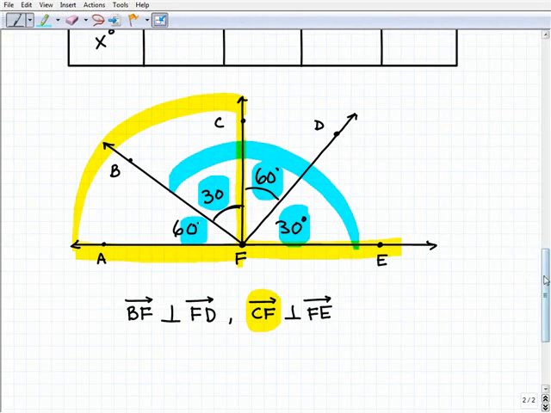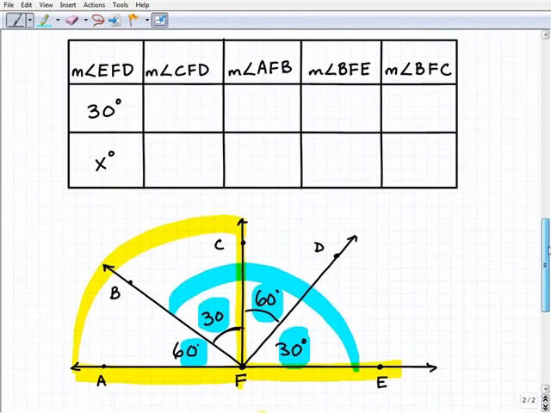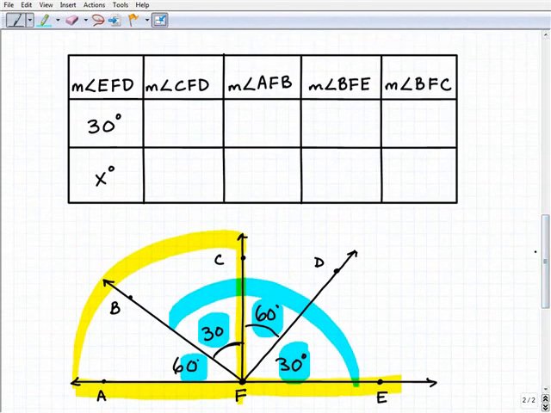Let's go ahead and fill in our chart so we don't mix things up. The measure of angle CFD: that was 60 degrees. The measure of AFB, that's also 60 degrees. The measure of BFE, you've got to be careful here.